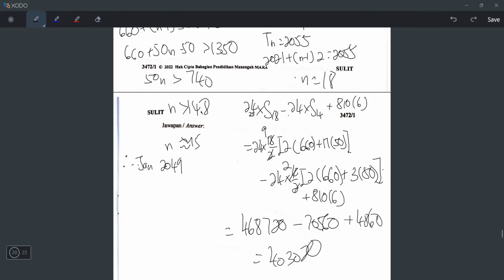Okay, did I do it correctly? Let's see. 468720. Blah, blah, blah. Okay. 24 times 2, open bracket, 2 times 660 plus 3 times 50. 468720 minus answer plus 4860. Okay, wait. So the answer is different.